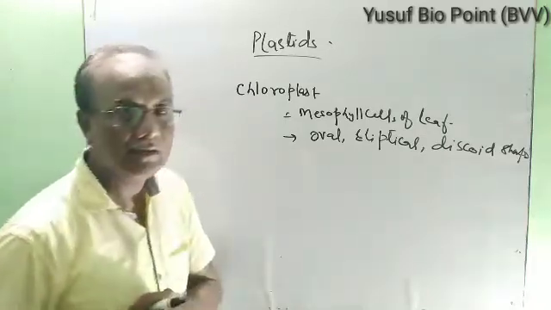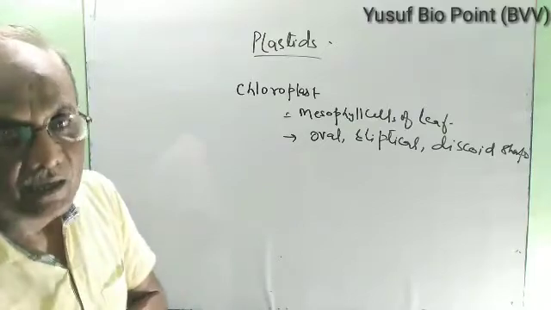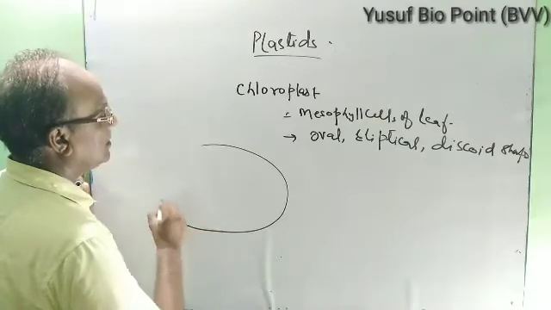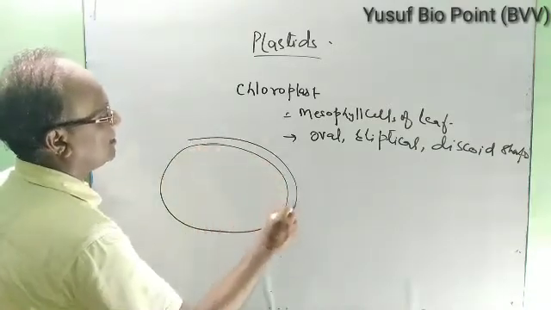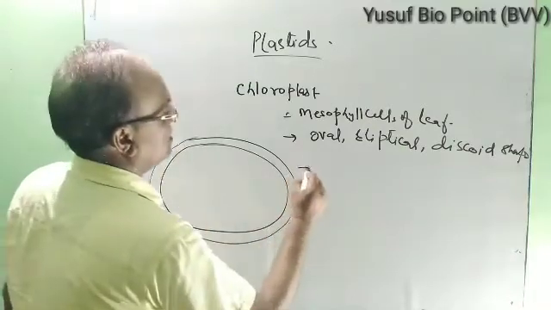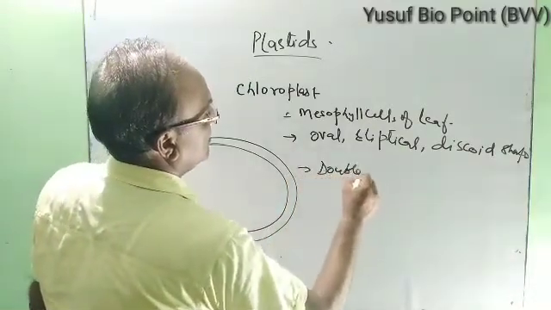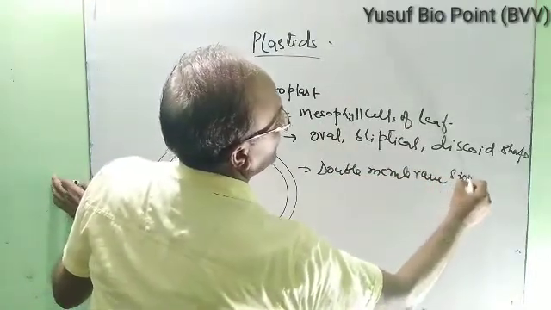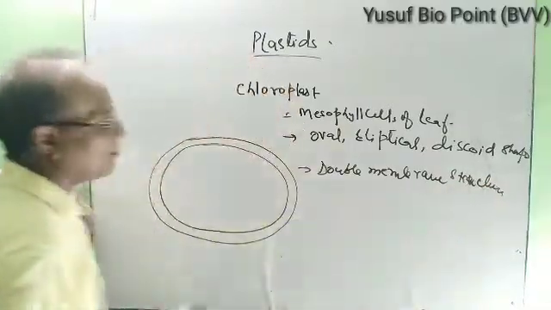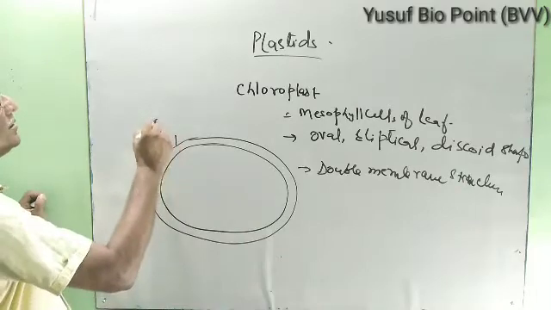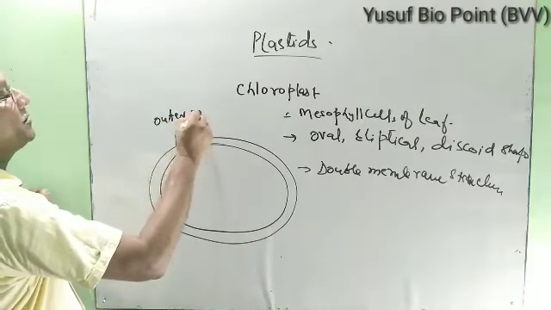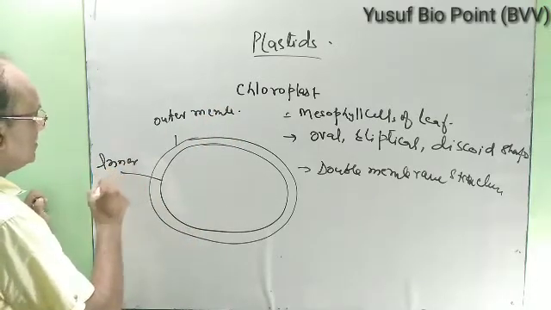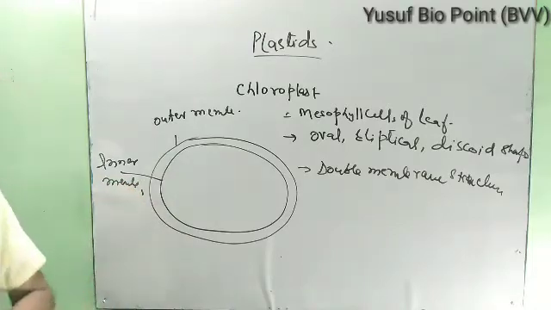And if we study the chloroplast under the electron microscope, we get that it is a double membrane structure. One is called the outer membrane, and this one is called the inner membrane.